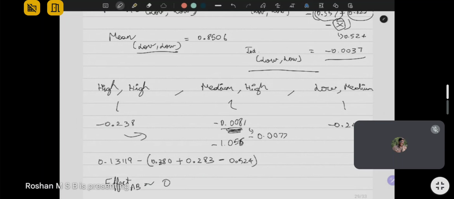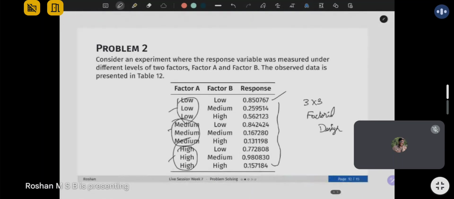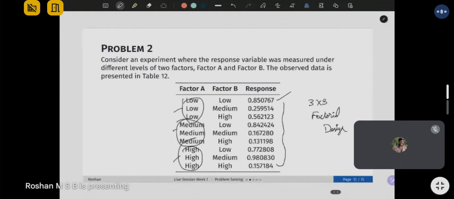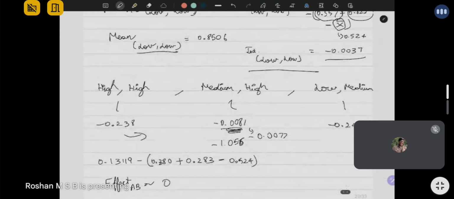You are free to calculate it for the other categories, total nine, and then also check. It will almost turn out to be zero. So you can say that there is no interaction effect present, even when you change all these levels in both factor A and factor B. Okay, is this clear? Yeah, it's clear.